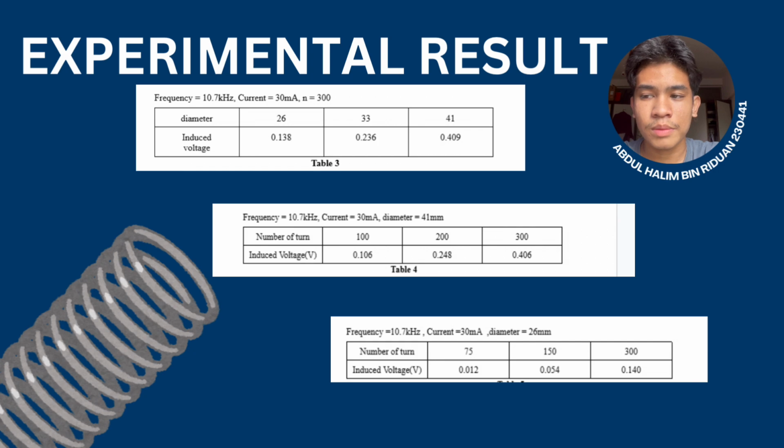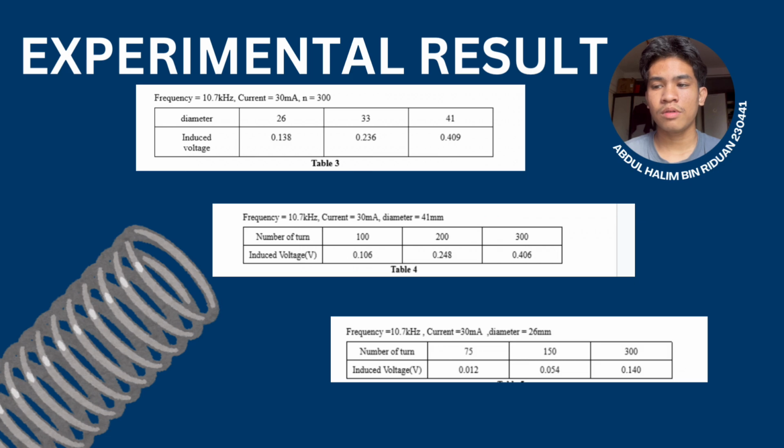For table 3, we use the frequency, current, and number of turns as the constant. The value of the frequency is 10.7 kHz, the current 30 milliampere, and the value of the number of turns is 3000. We change the value of the diameter and induced voltage.